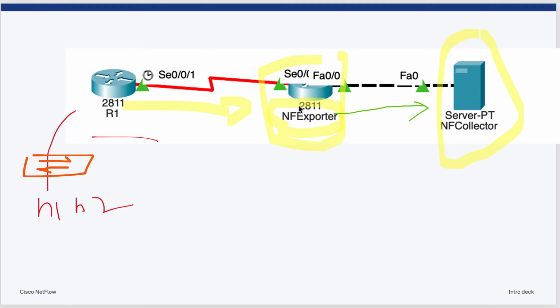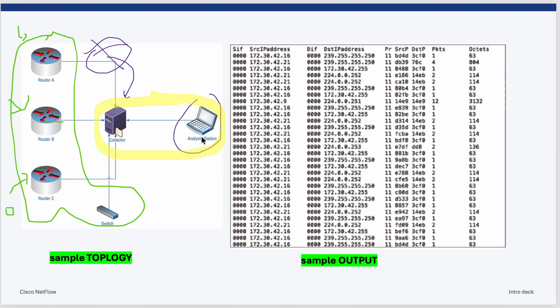So you can peruse this PowerPoint all you want, but the main point is that you have the packet generator, which would be R1, and packets are flowing naturally because of TCP/IP into this NF exporter. Now, this exporter is also the monitor. Okay, so we'll just say MON for monitor. It is monitoring the packets, and at the same time, it is exporting the packets to the collector.